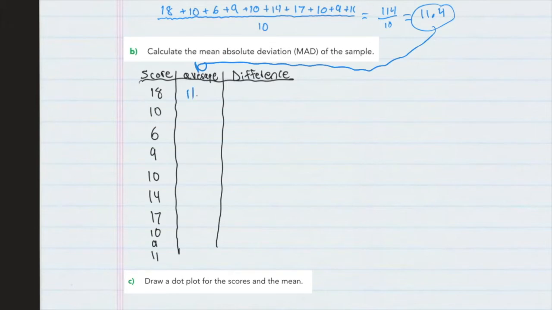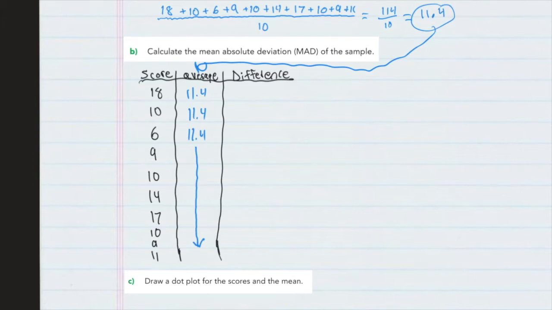So it's 11.4 for all of them. If you want to do this, you can, and just say that it goes all the way down. That's pretty common for statistics.